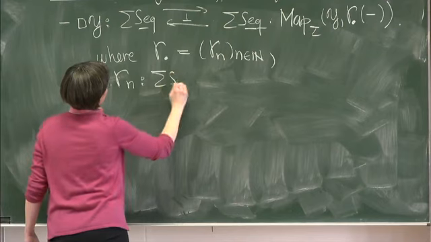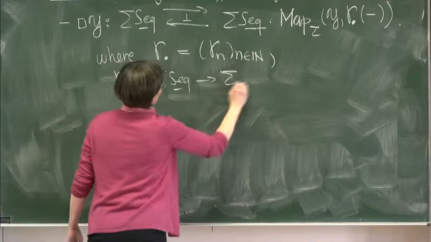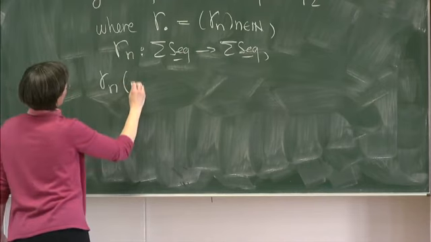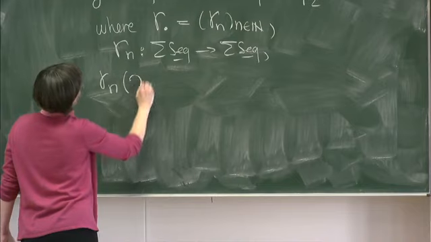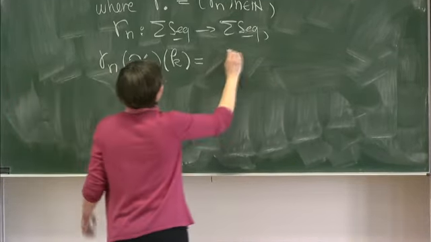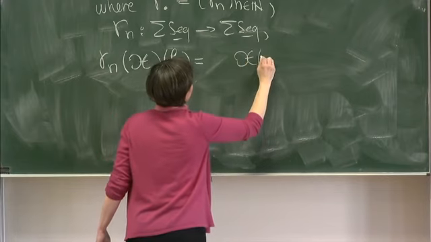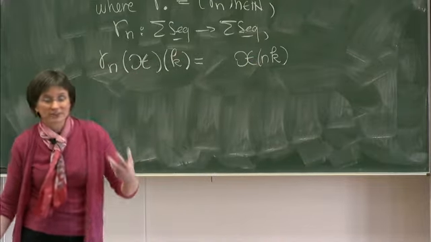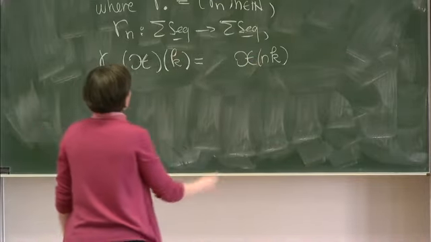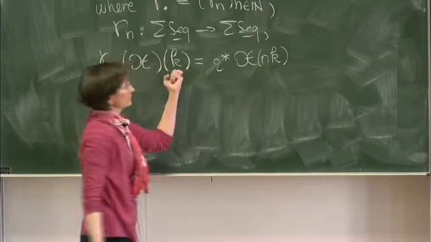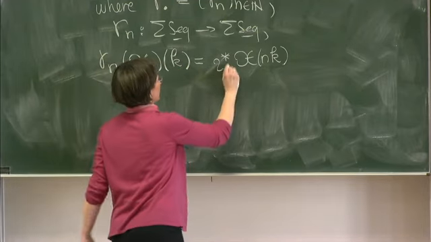Gamma n is a functor from symmetric sequences to symmetric sequences, such that if I apply gamma n to, let's say, x, in arity k, it's x in arity n times k, so you're going to have this multiplicative thing coming on, and then I pull this back to looking at it as something over k.